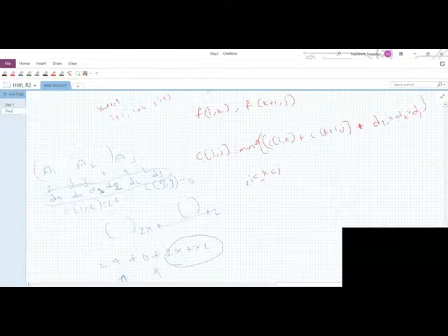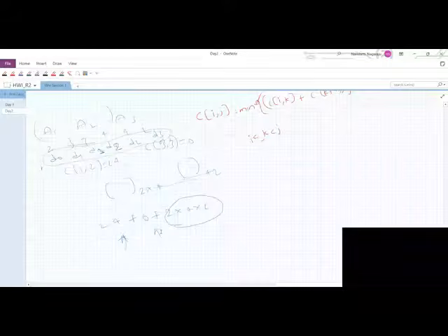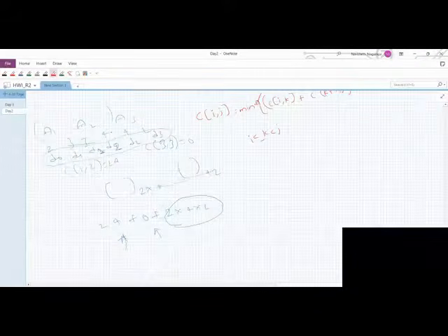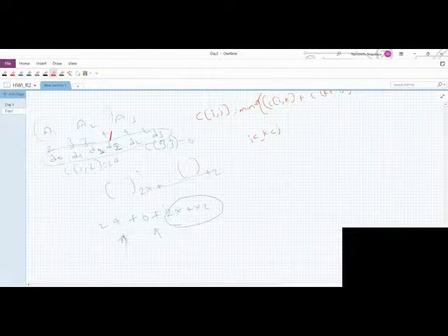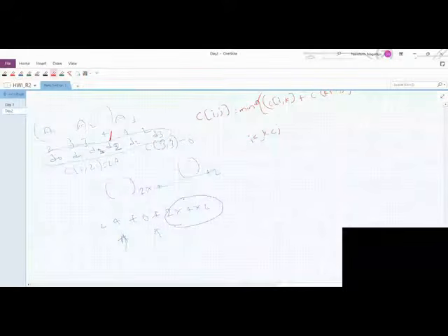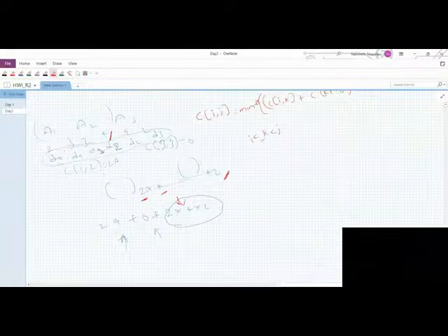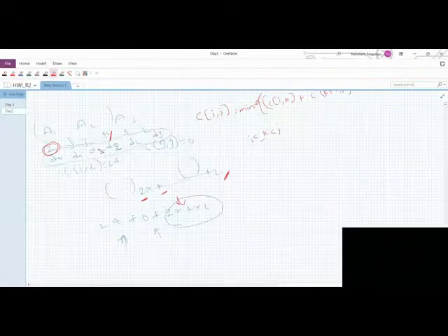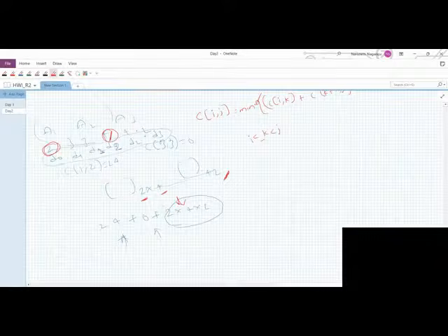Here, we split it till this 4 and we are taking this one. The answer that we got here is 2 into 4 into 2, where this 2 is the first index that I have here, this 4 is the k where I am splitting, and this 2 is the j value.